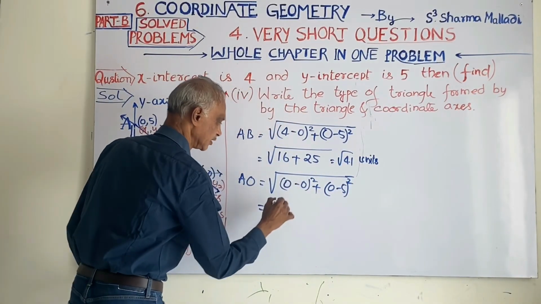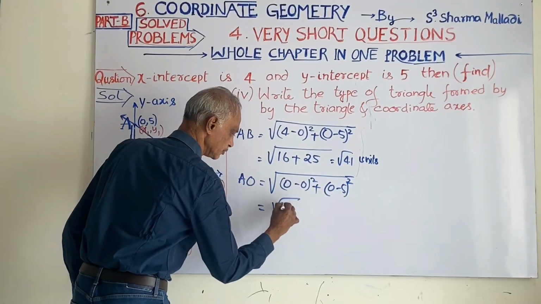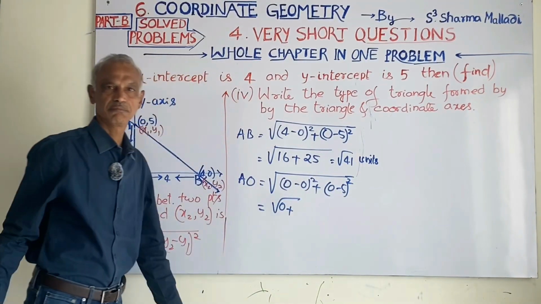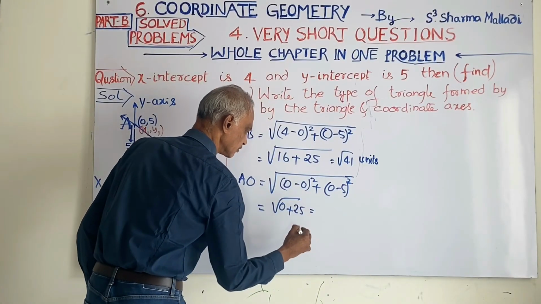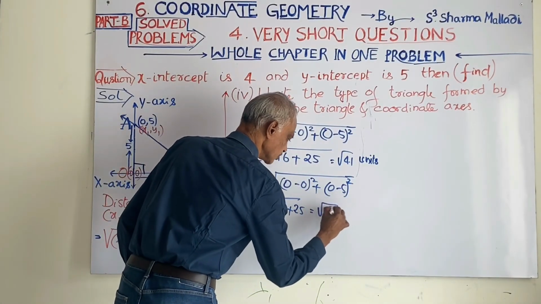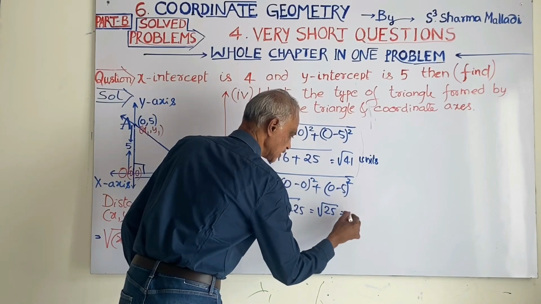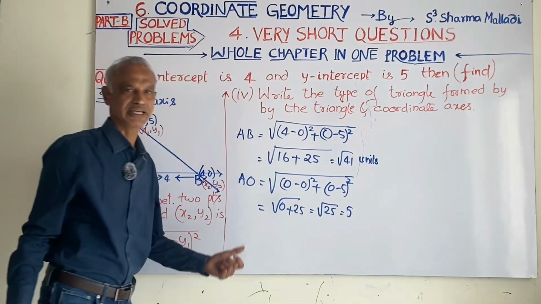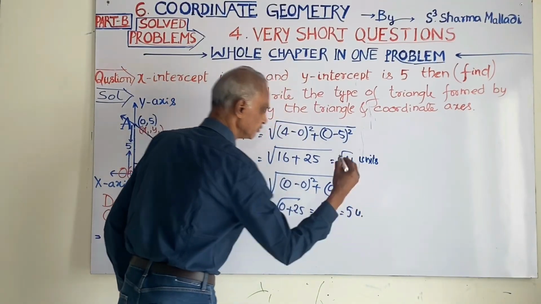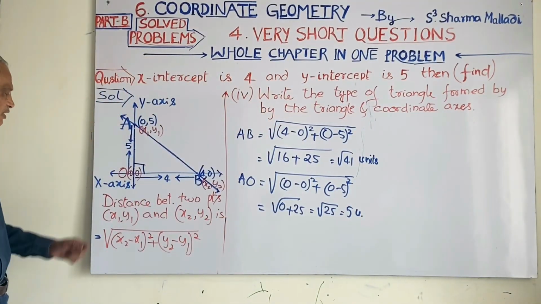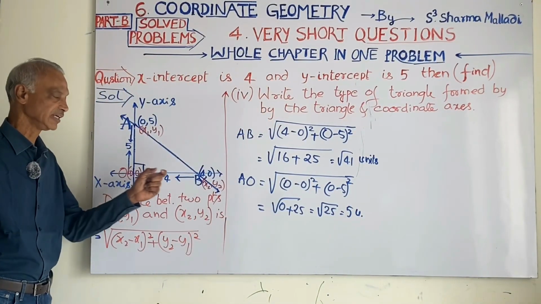You will get 0 square means 0, plus minus 5 whole square means 25. You are getting root 25, that is plus or minus 5. But we have to take plus 5 because this is distance. 5 units. Now you find the distance between O and B.